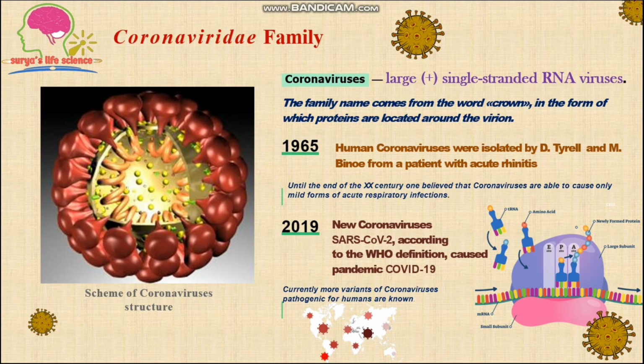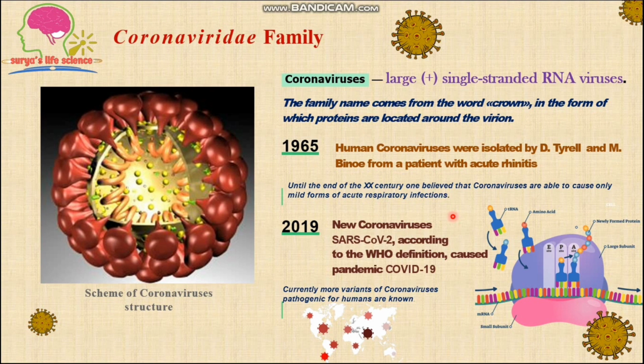They are large positive sense single stranded RNA viruses. So what is a positive sense single stranded RNA virus? We know that mRNA is very much responsible and important for carrying the information from the main genetic material, that is DNA of the human cells, and it helps in converting the genetic information into required proteins and enzymes.